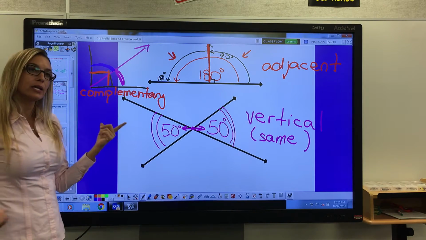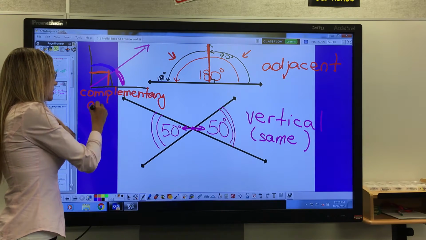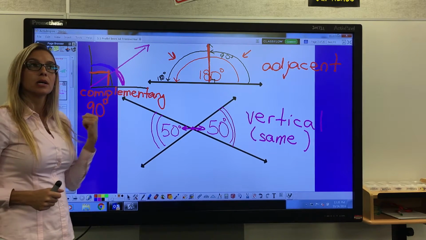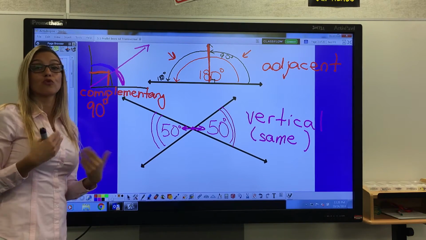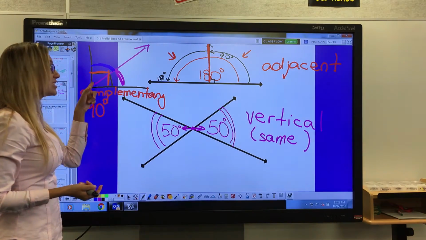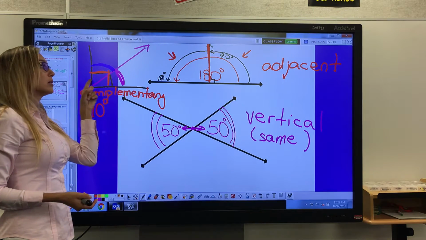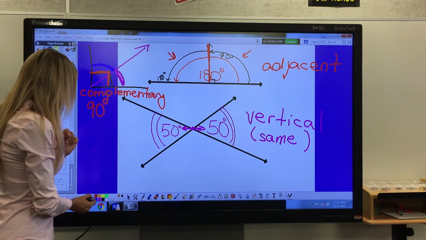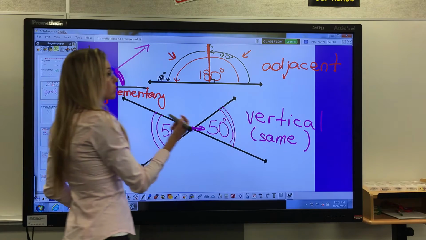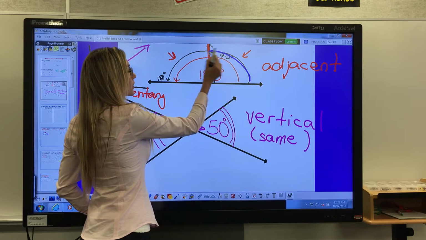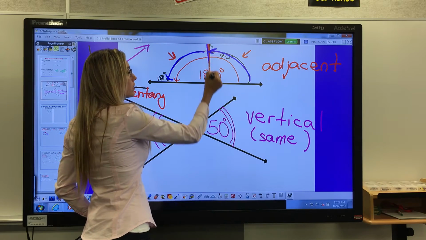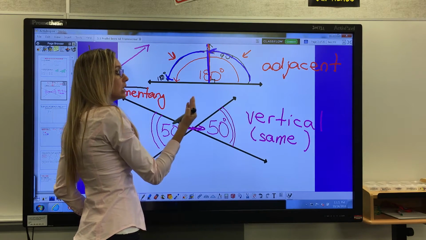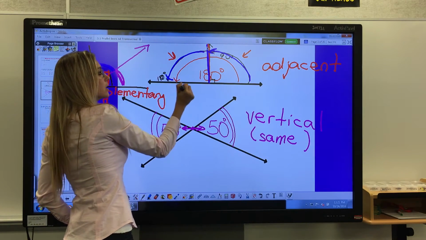One way to look at it is, complement is the right thing to do, and a right means right angle, correct? So complementary are 90-degree angles. Then we have another set of angles that are called supplementary, which are these two angles in here that are giving me 180 degrees, which is a straight line.